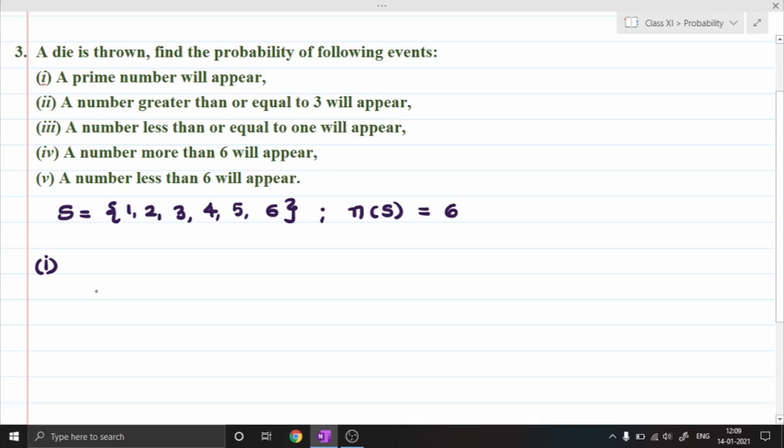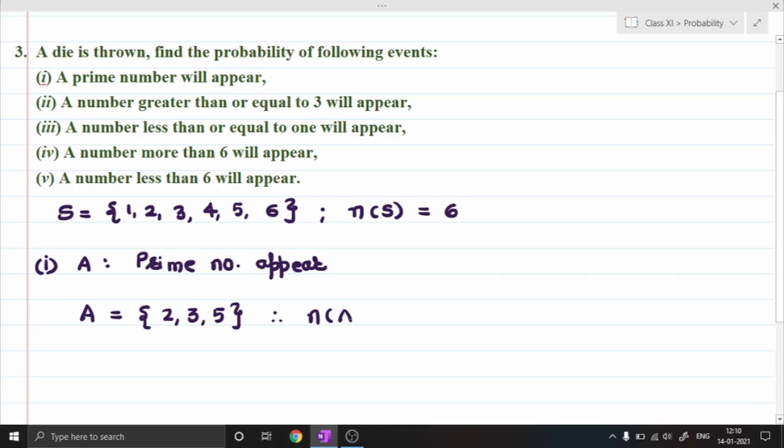Let us define the first event A: a prime number appears. It means we have to find the probability of a prime number. In 1, 2, 3, 4, 5, 6, the prime numbers are 2, 3, and 5.